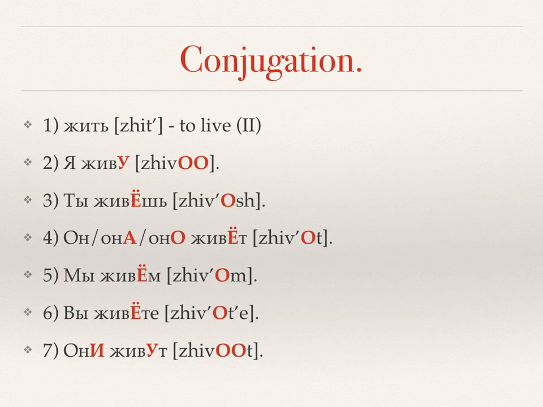Conjugation. Sometimes letters are not replaced, but they appear when you conjugate verbs. You will have to learn such verbs by heart. One of such verbs is a verb жить, to live. The letter В appears after the letter Ж. Number 2. Я живу. Number 3.